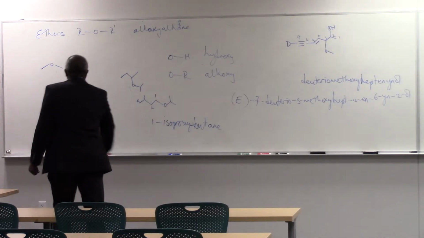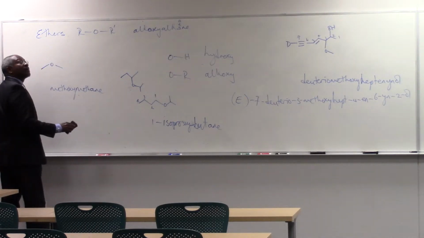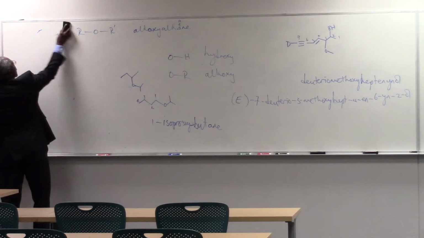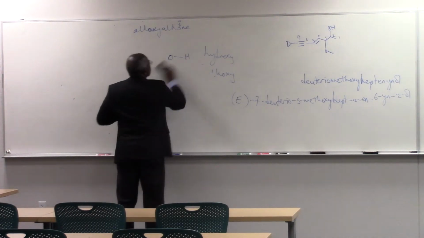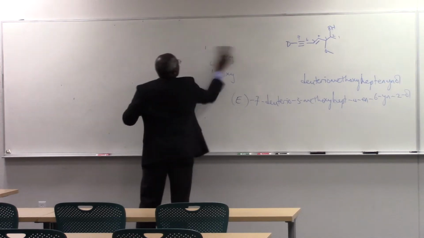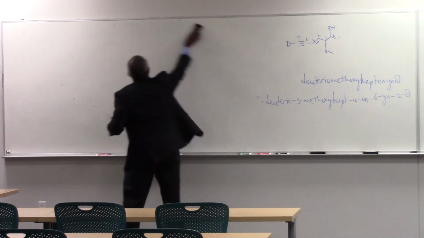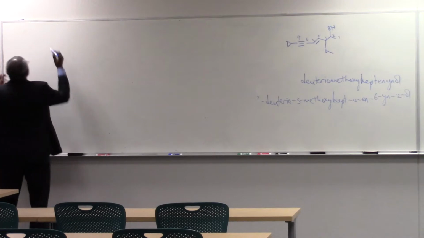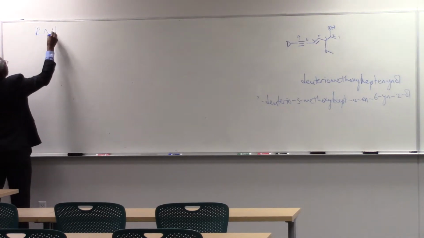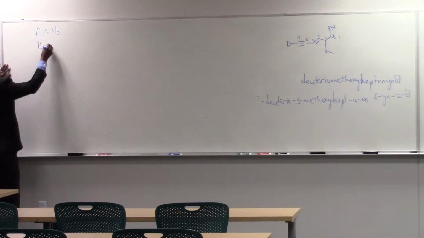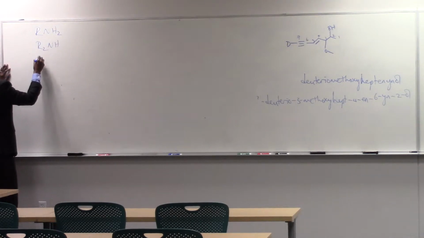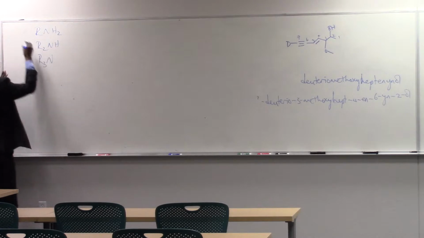Okay, so amines. Amines are RNH2, at least for a primary amine, but it can also be R2NH for a secondary amine, R3N for a tertiary amine.